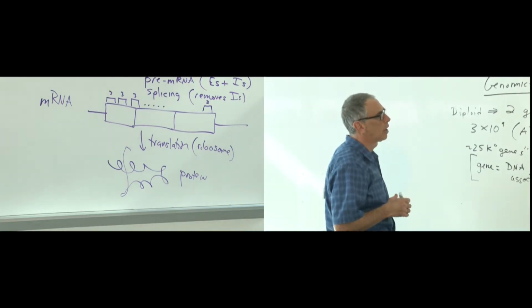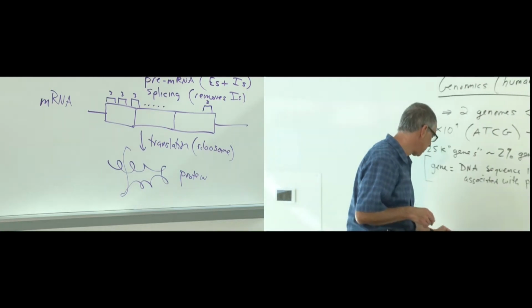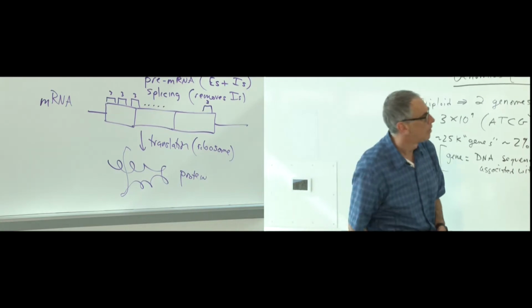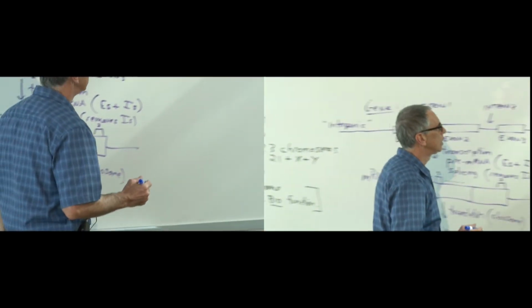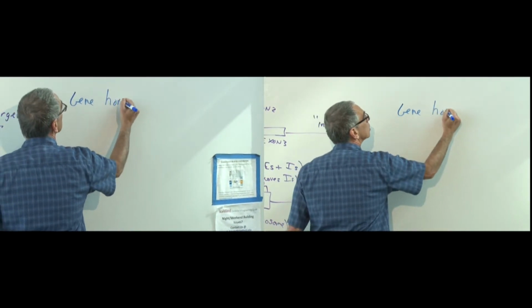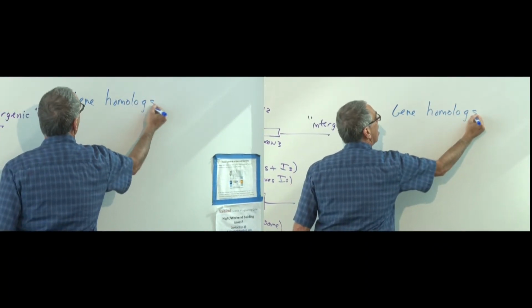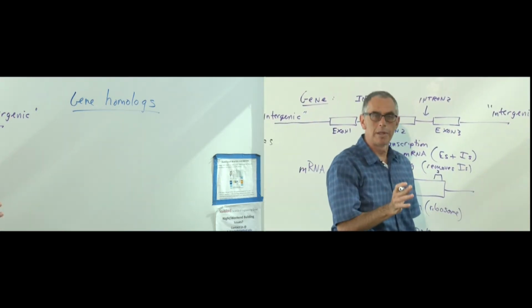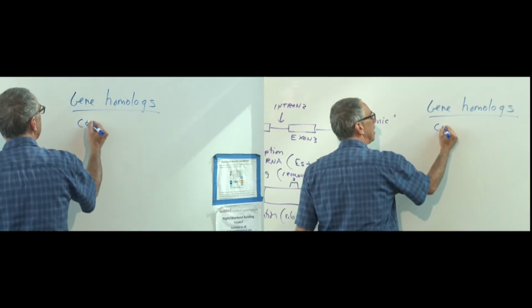Now, a couple of important concepts that we need, especially in order to understand things that will come up in pharmacogenomics, is we have this idea of gene homologs. Genes are homologs if they have a common ancestor.